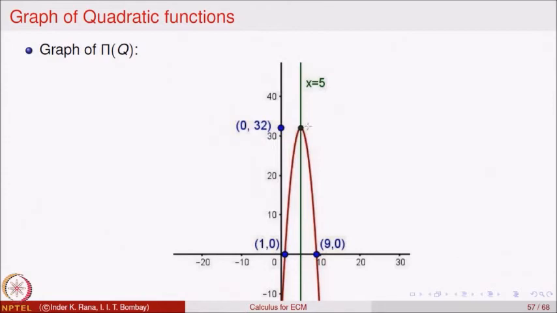And when it produces 5 units, the profit is 32, that is the maximum it can achieve. Then if it produces more, the profit will go on decreasing, and it will become 0 when it is producing 9 units, and then it will go into loss. So, this is how you interpret your profit function.